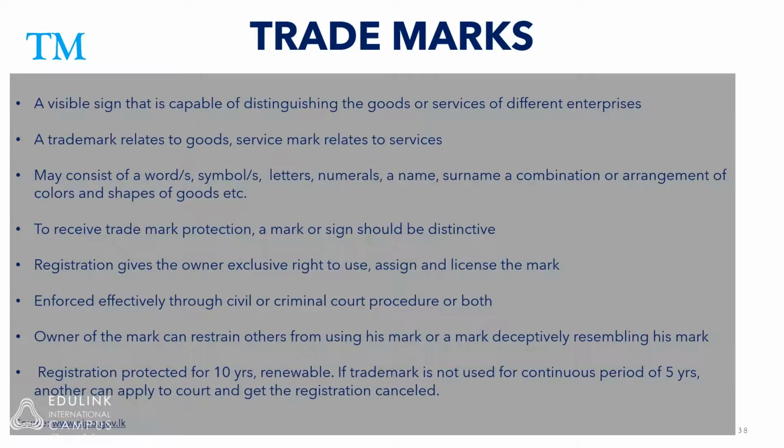But there are other classes where you can also register the name Kotmale. In Sri Lanka, for each class, you need to pay, if I'm not mistaken, 1,150 rupees. So there are 45 classes. If you want to register for all 45, then it's 1,150 multiplied by 45. So it depends on the number of classes that you want to register your trademark with.